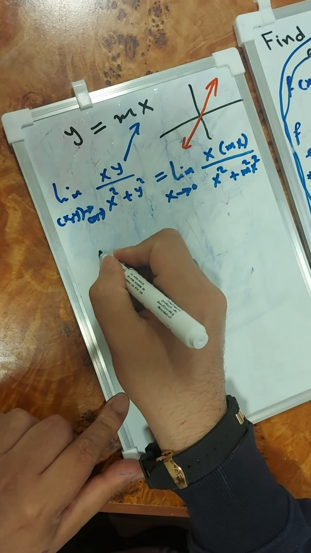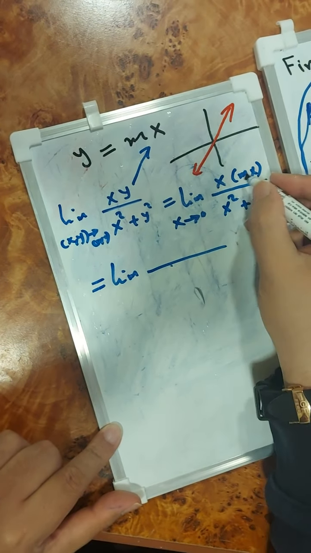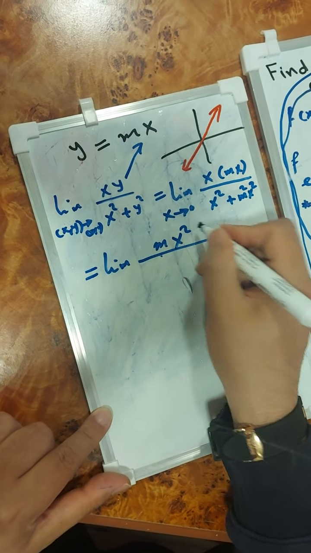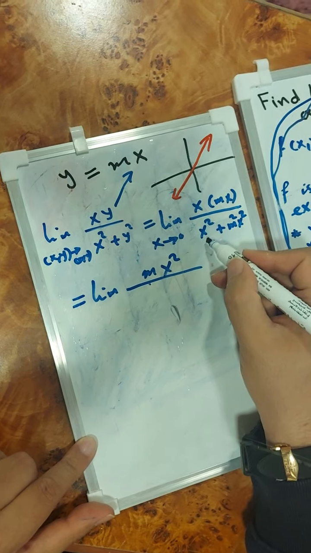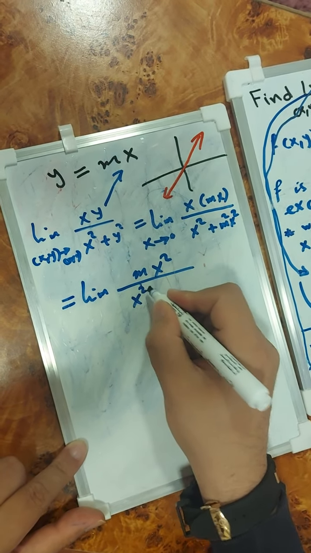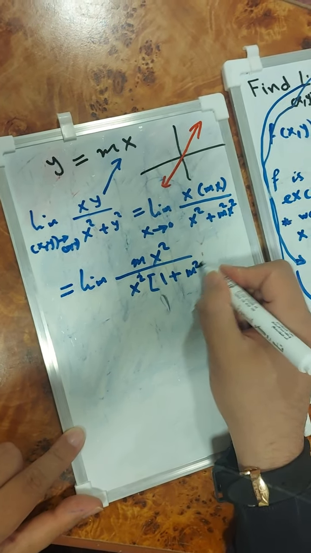To simplify, x multiply mx will be m multiply x squared, and in the denominator, if we take x squared as a common factor, we obtain x squared, open bracket, 1 plus m squared.